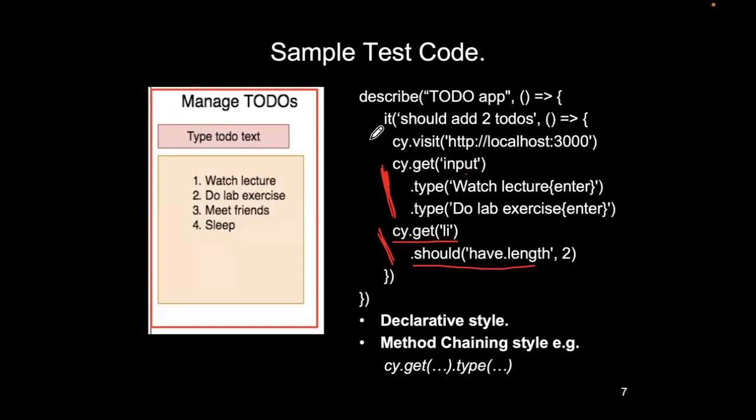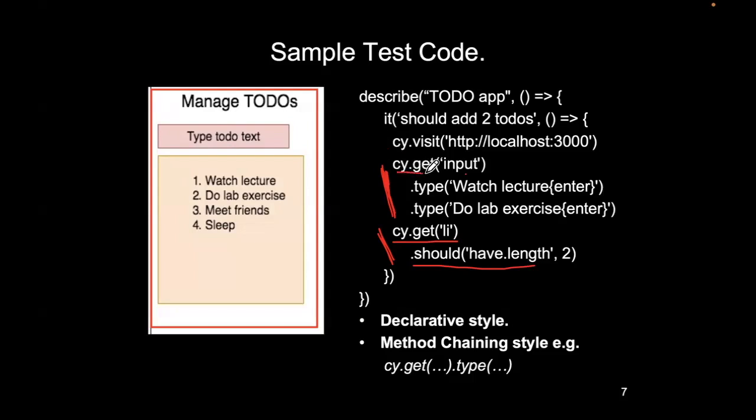So that's an example of a Cypress test spec. It's made up of a series of statements, and each statement is concerned with locating elements within the page and possibly interacting with them.